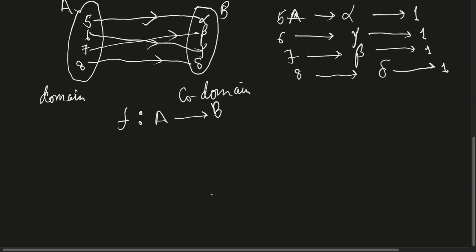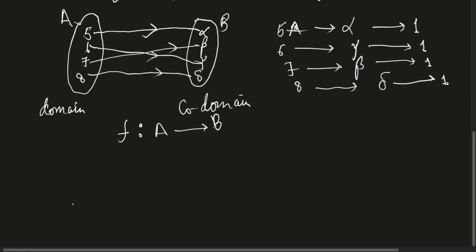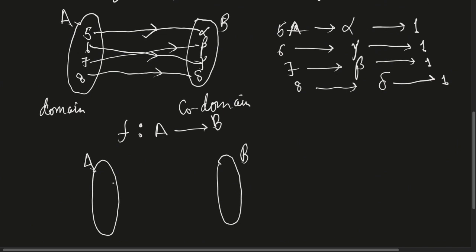Now we will see some more conditions where we will check if the relation is actually a function or not. So let us make another set A, another set B. Now let us make it 1, 2, 3, 4, and here we will name them alpha, beta, gamma, delta, phi, let us say.